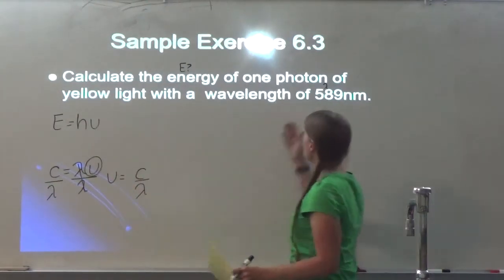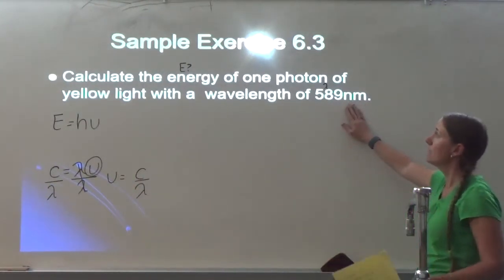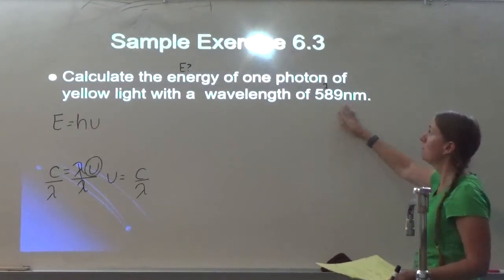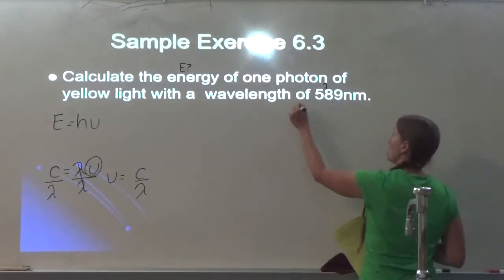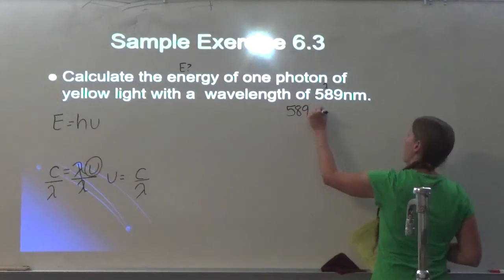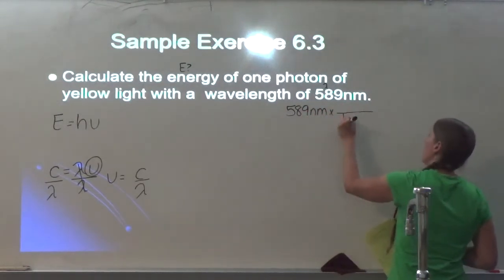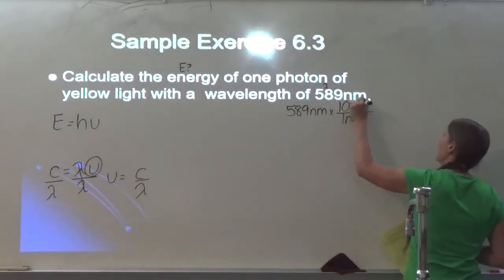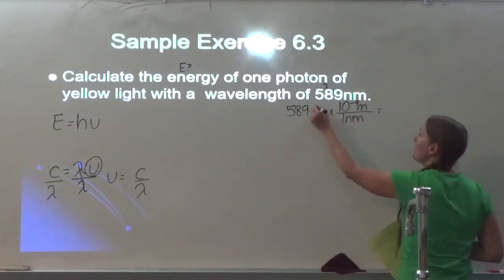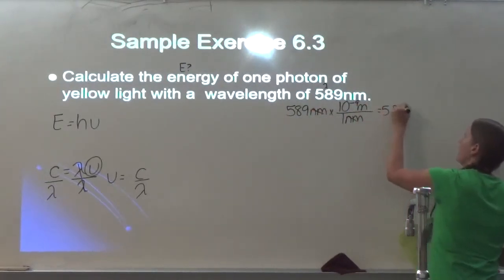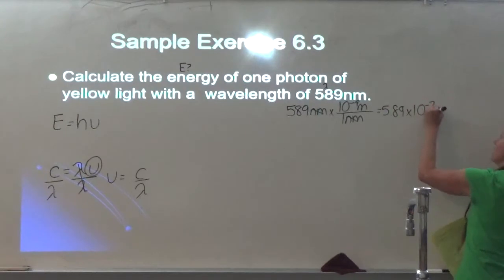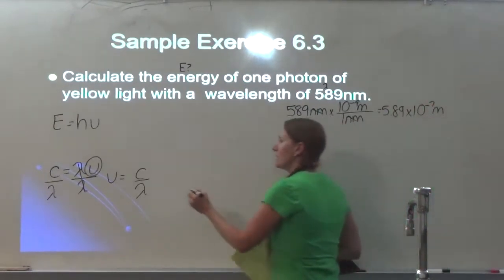But of course, this is the same sodium yellow light that we saw in the other one, but we'll still redo it. I have to change nanometers to meters. So 589 nanometers, 1 nanometer is 10 to the negative 9 meters. You can remember nano and 9. So it's 5.89 times 10 to the negative 7 meters. So then I plug into this formula first.